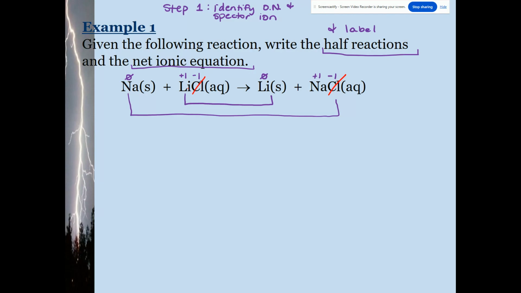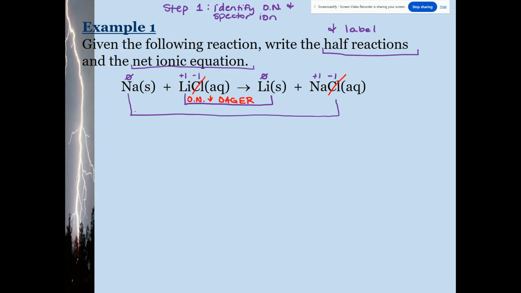My lithium's oxidation number is going from +1 to 0. So its oxidation number is decreasing, which means this is my OAGER. This is my oxidizing agent. It's gaining electrons and it's undergoing a reduction half reaction.